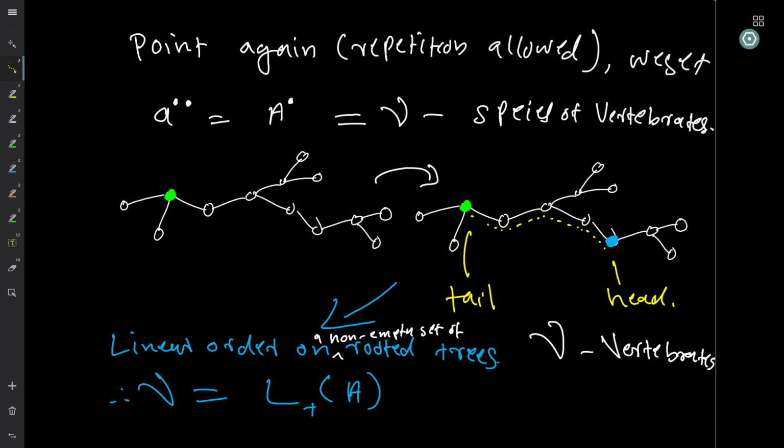Therefore, we have a linear order of a non-empty set of rooted trees. So we are looking at L plus of A, where L plus is the species of non-empty linear orders, and A is the species of rooted trees. So V is actually equal to L plus of A.